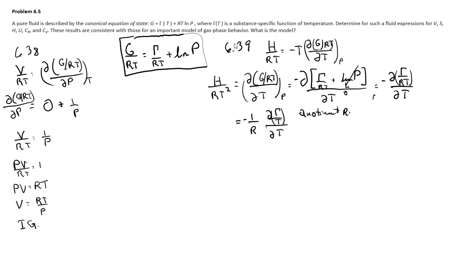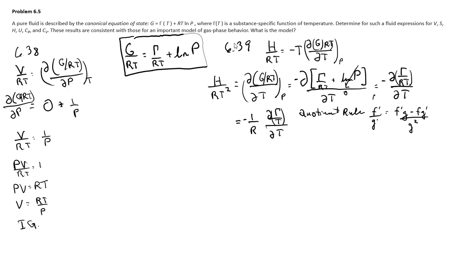And so what we've got here is a case where we need to use the quotient rule back from either Calc 1 or Calc 2. Remember that said if we have F over G, the derivative is F prime times G minus F times G prime, divided by G squared.